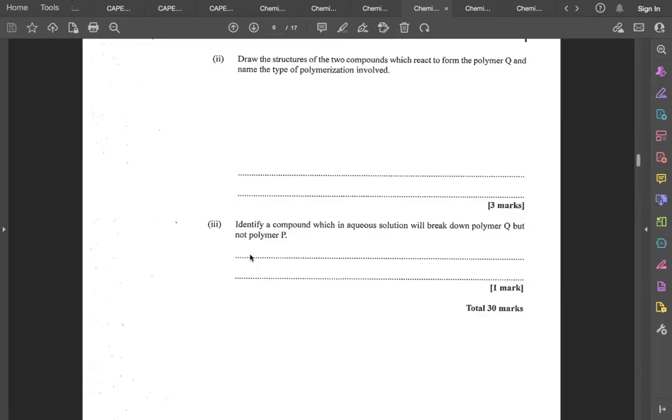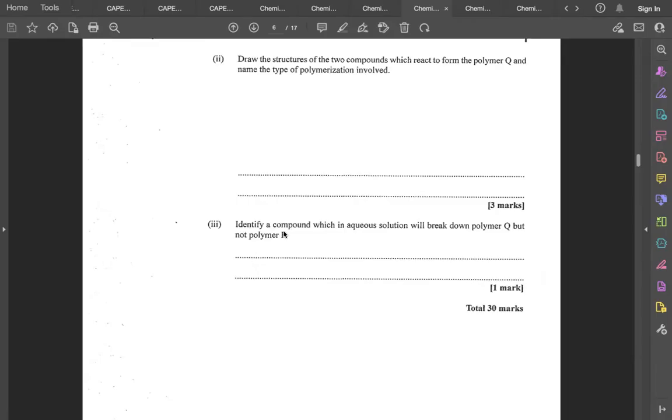Are you guys still with me? Yes, miss. So how would you ordinarily hydrolyze an ester, Hubert? Add OH minus ions or water.